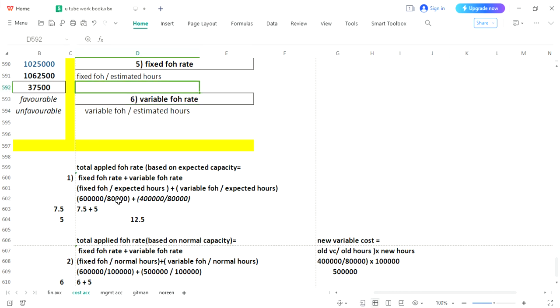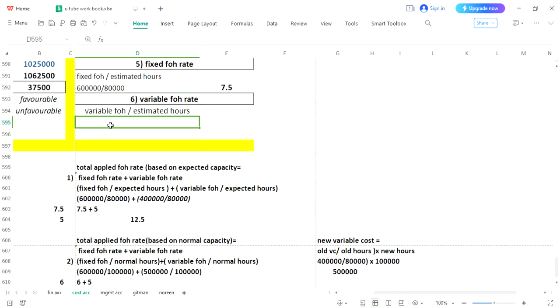Fixed FH was 6 lakh. I'm just letting you know that we haven't done anything different. 6 lakh and 80,000 were expected or estimated hours. So you had calculated 6 lakh divided by 80,000 and you have got the answer over here, 7.5.